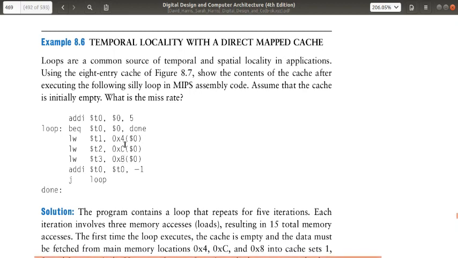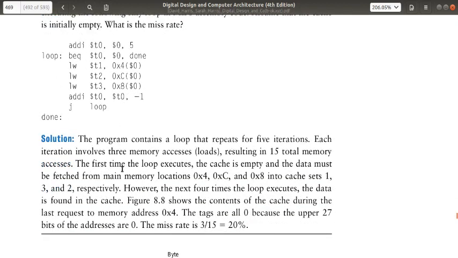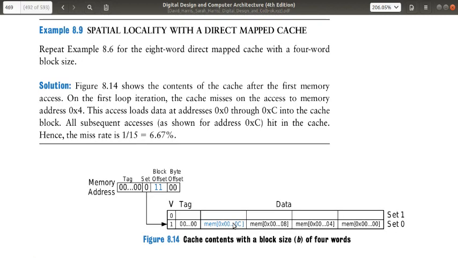So let's see how this problem translates into the multi-word block scenario. Here the miss rate was 20%. This is how it will be for a 4-word block.